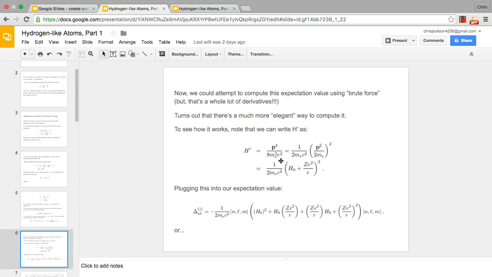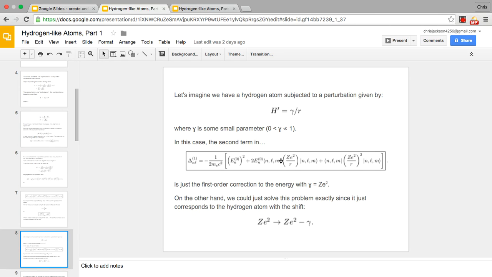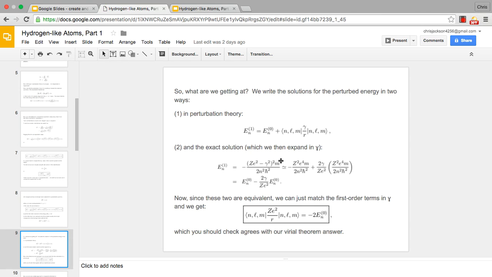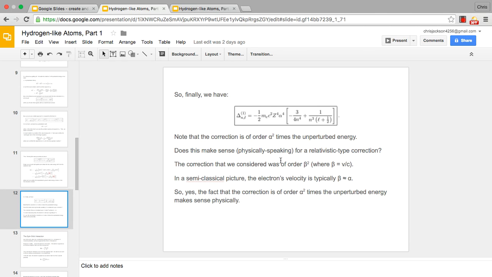Along the way, we had to use some tricks. I won't go through all those again, but in the end, we found that the corrections from treating the electron relativistically go like alpha squared times the normal energy. Okay, and they scale like 1 over n to the fourth, and then there's a 1 over n cubed term.